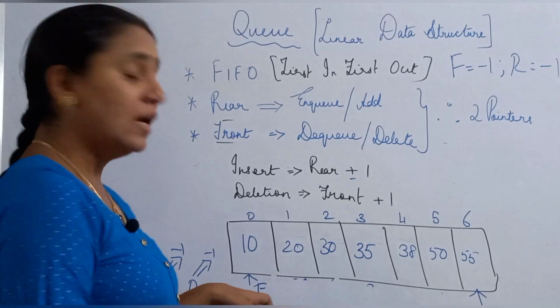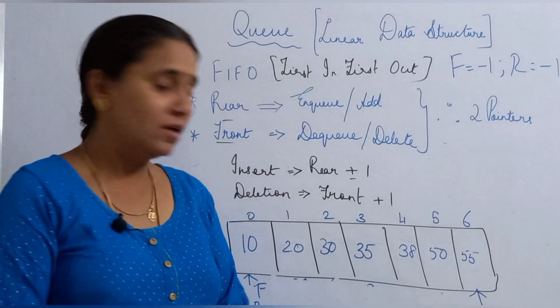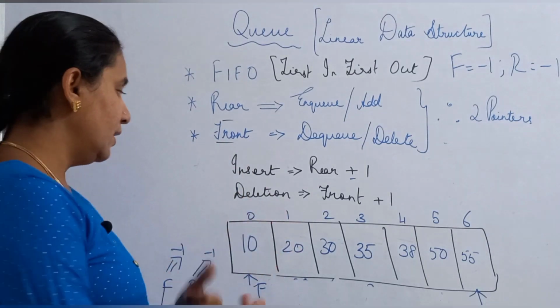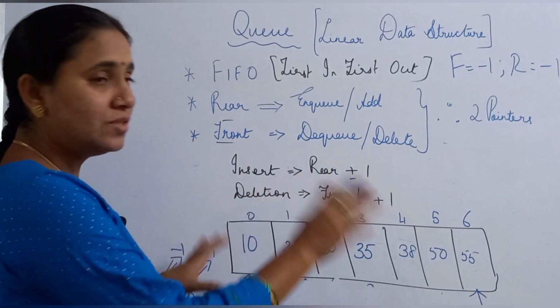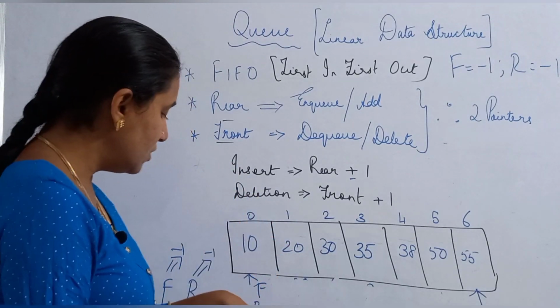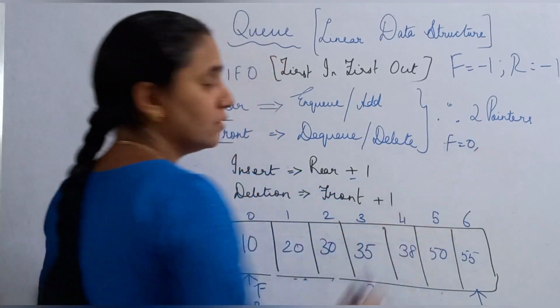So for this, the front pointer is going to play the maximum role, right? Now I am going to delete the elements. Initially, what is the value of F? The initial F value is 0, isn't it?